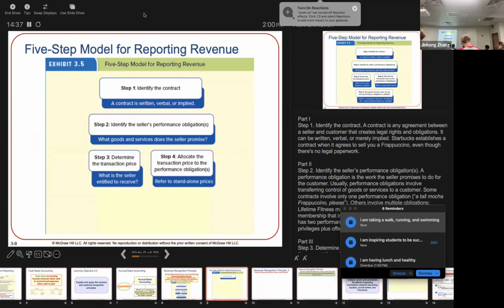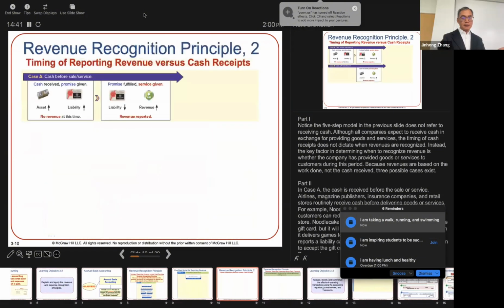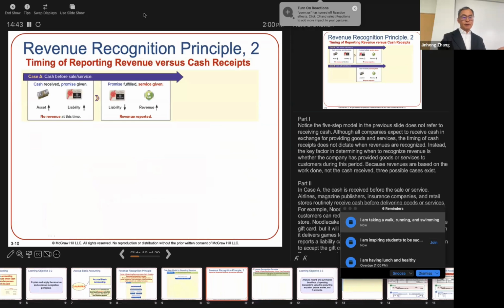So as we talked about these concepts, the steps, revenue recognition. Basically, cash received, promise given. When you receive the cash and you made a promise but you haven't delivered the service, even though you received the cash, it's not revenue yet.